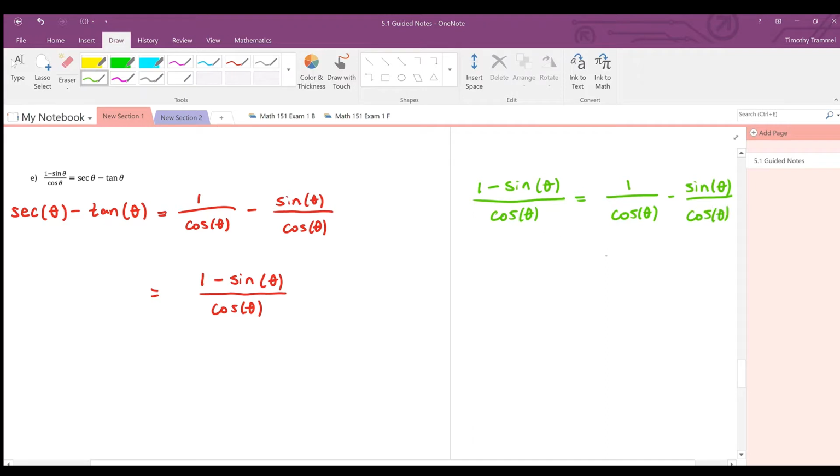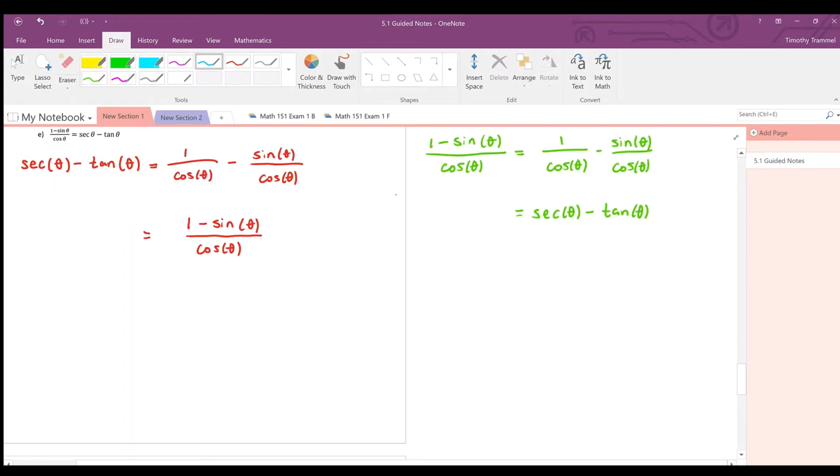And note, these two things are equal, right? And 1 over cosine theta is equal to secant of theta. And sine theta over cosine theta is equal to tangent of theta. So it looks almost identical to what we have to the left here. But this way is actually probably a little bit more challenging.